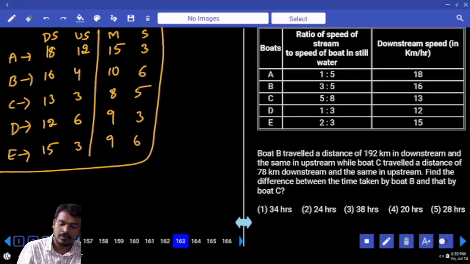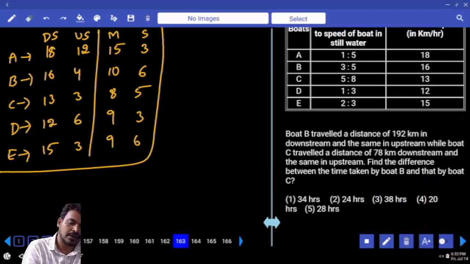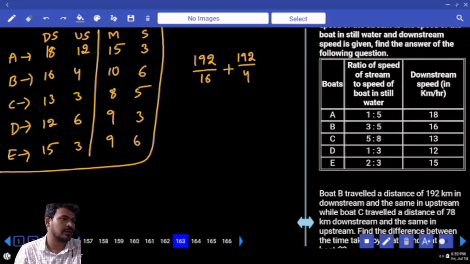Two different. First boat B is taken. What is the distance value? 192 by downstream speed 16 plus upstream distance 192 by speed 4. Distance by speed plus distance by speed gives the time.